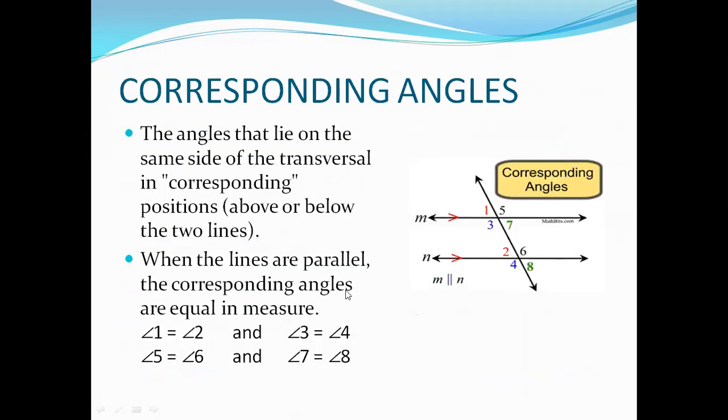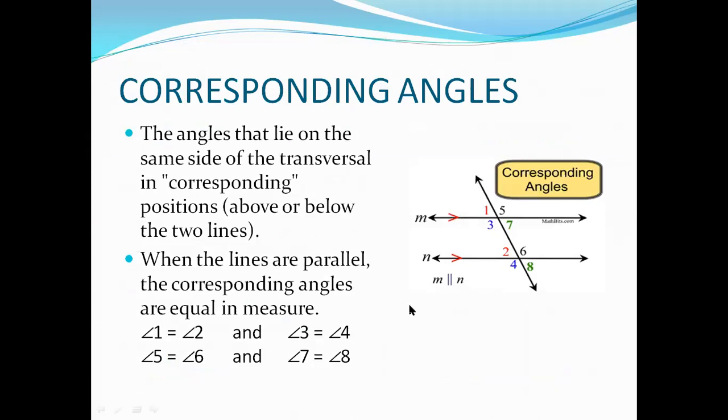Coming up to corresponding angles, they lie on the same side of the transversal. Transversal के same side पर lie करेंगे. या तो दोनों angles left hand side पे होंगे या दोनों angles right hand side पे होंगे.